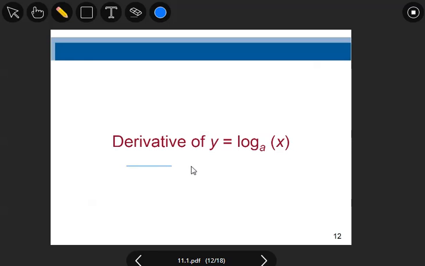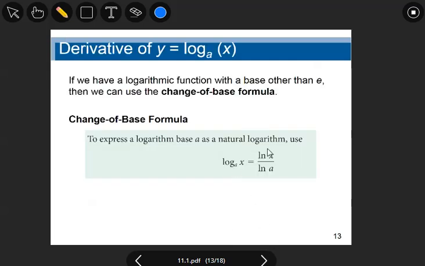This is also somewhat important. If we are given a logarithm in a general base a, we can write any such term by using this formula. Actually in the 1330 course we learned about these things. The log of x to the base a we can write as ln x divided by ln a.